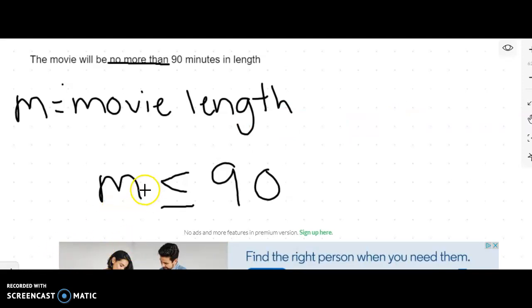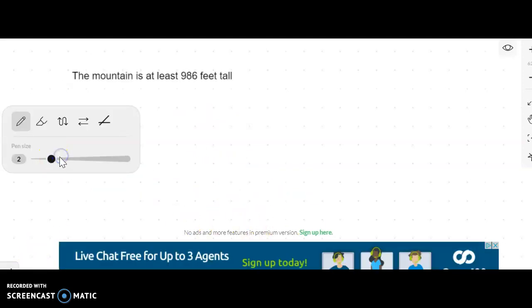Right, and when you're writing out inequalities, you want to make sure your variable is always right here on the left side, and your number that they give you is going to be over here. Right, so our next problem says the mountain is at least 986 feet tall. So first things first, underline your important words, at least.